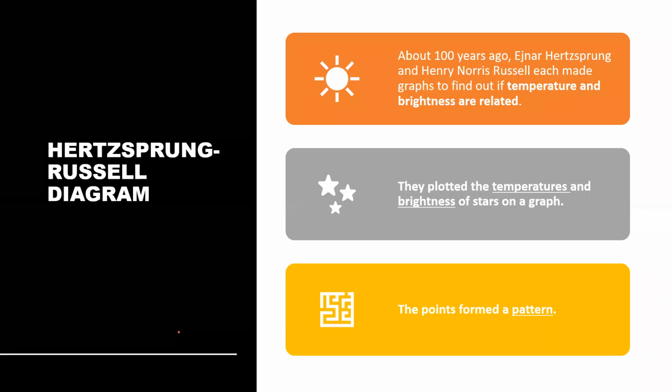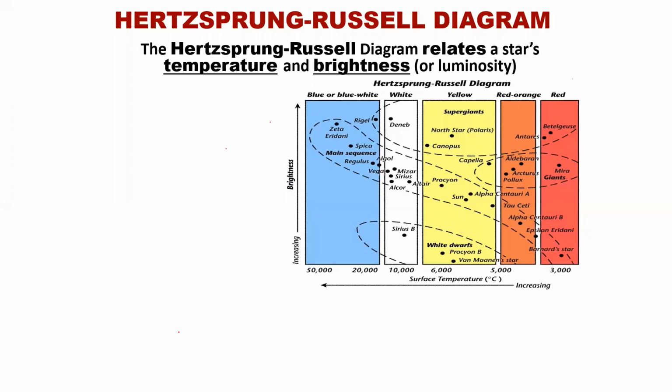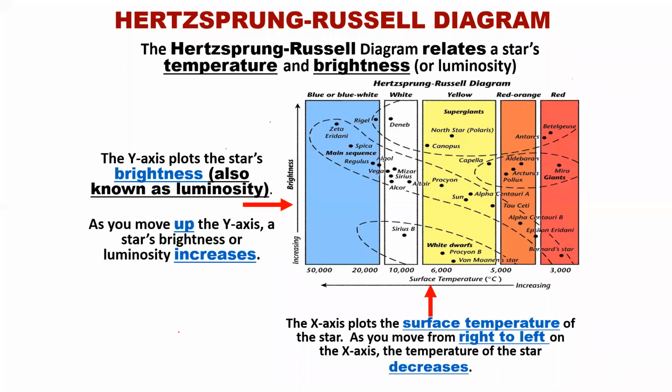All right. So now we're going to get into the HR diagram. About 100 years ago, two scientists, Ejnar Hertzsprung and Henry Norris Russell, each made graphs to find out if temperature and brightness are related. They plotted the temperatures and brightness of stars on a graph, and the points formed a pattern. So this is how we get the HR diagram.